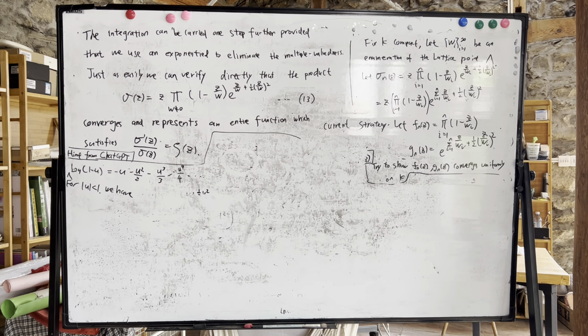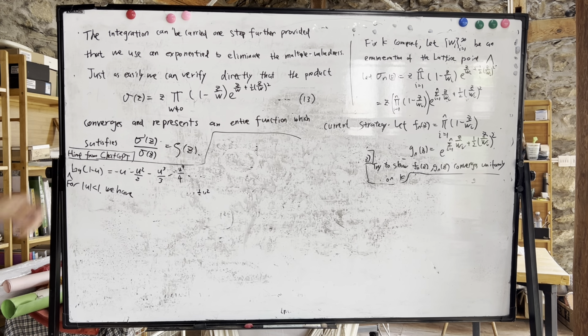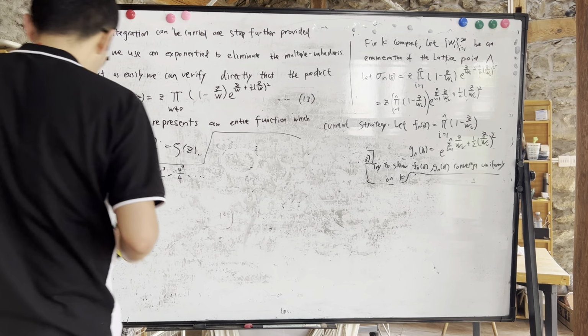that log of 1 minus u is equal to this Taylor expansion, where the log, let's say, is the principal branch, right?